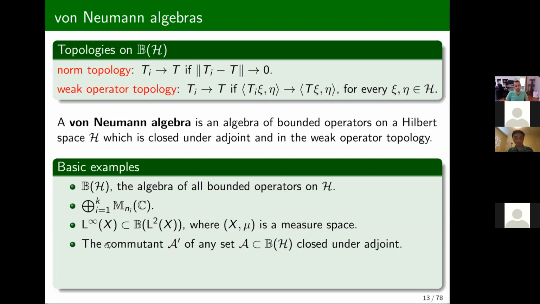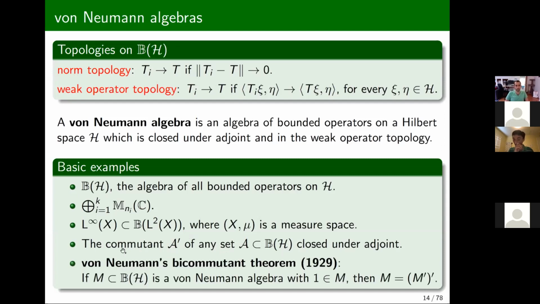And again, this may seem like a nice construction of von Neumann algebras, but it turns out that this is the generic construction by a theorem of von Neumann from 1929. If M is a von Neumann algebra which contains the identity, then M is equal to its double commutant.